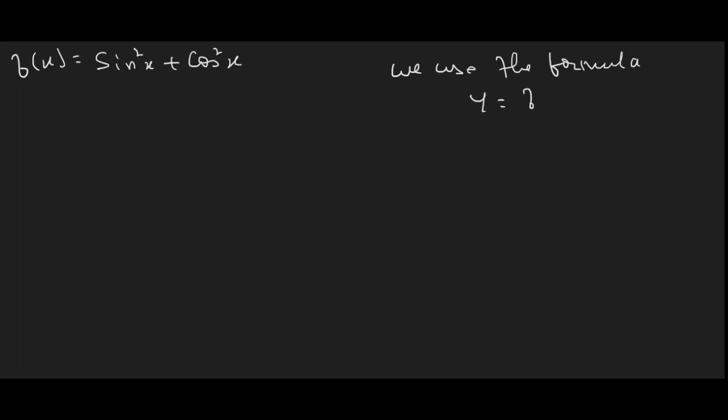Now we have f of x is equal to sine square x plus cos square x. Now we know that sine square x is the power of the function and cos square x is also the power of the function, and we will use the formula: y is equal to f of x whole power n.